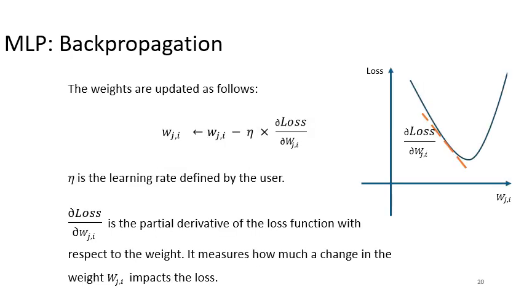The weight updating process follows a simple formula. The new weight equals the old weight minus the learning rate, which is mu, multiplied by the derivative of the loss with respect to that specific weight.